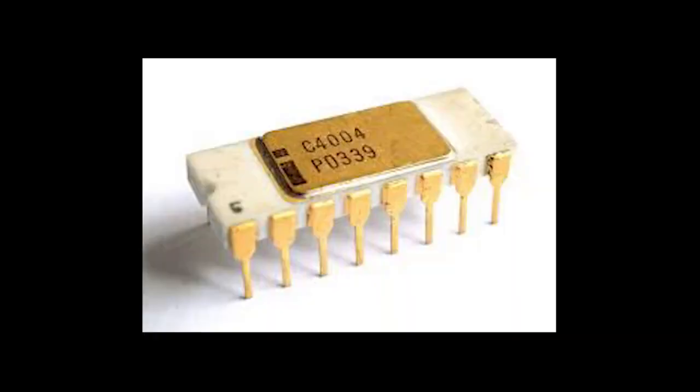The first commercial microprocessor is this Intel 4004. From the name itself you can keep this in mind: this has 4 pins. The output pins and input pins will always be the same in this microprocessor. Here they have 4 input pins and 4 output pins.